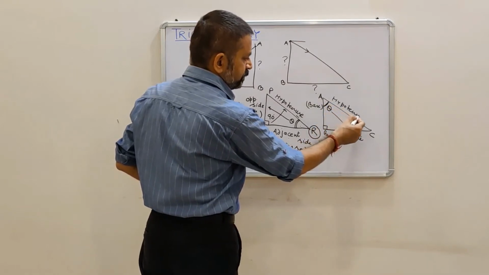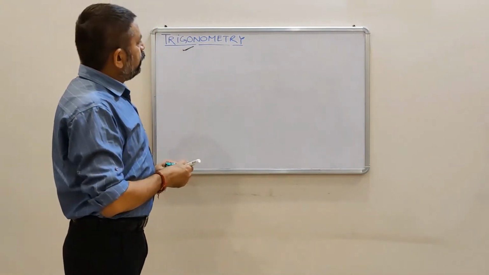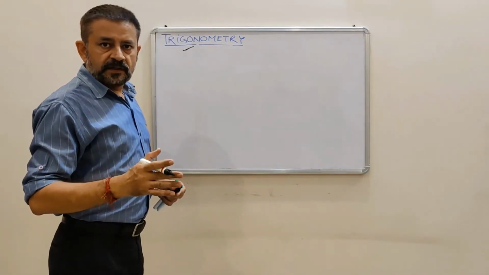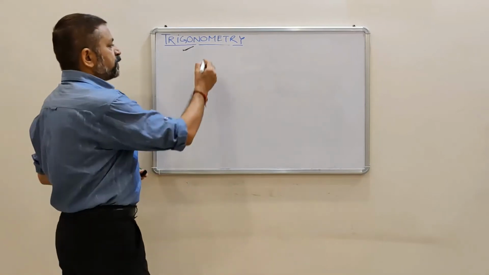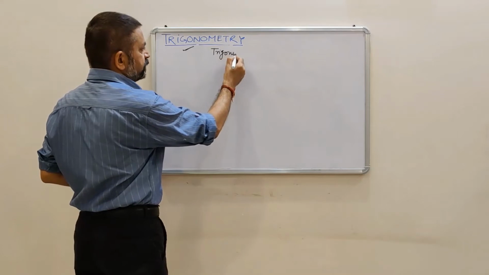Now we'll move to some ratios of the sides of a right angle triangle with respect to its acute angles, which are known as trigonometric ratios.